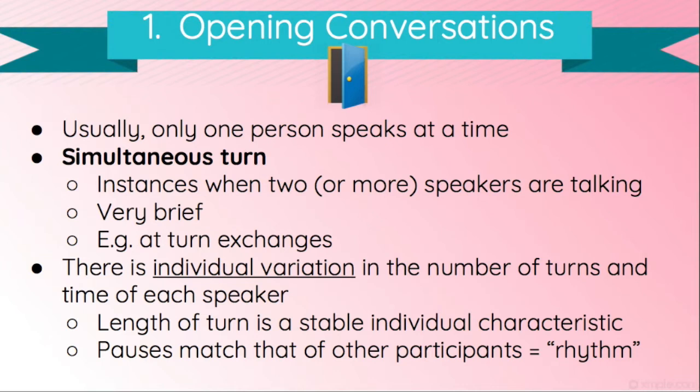An interesting thing, however, is that research shows that the length of turn is actually a stable individual characteristic. So if you're more garrulous and tend to talk more in conversations, that tends to be constant in the conversations that you have in your life and with other people. But if you're a little more taciturn and you tend to just listen more in a conversation, that would reflect in other conversations that you'd have in the future as well.